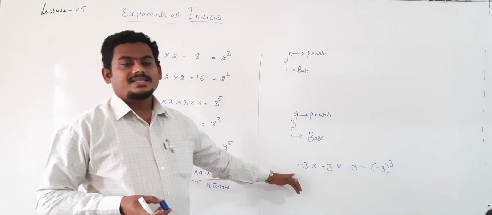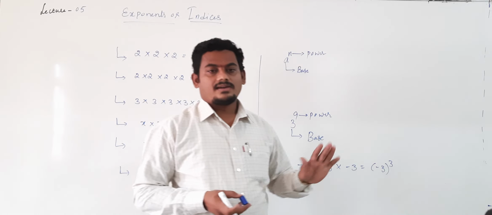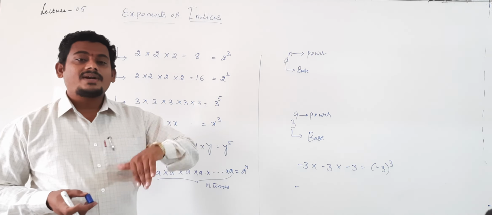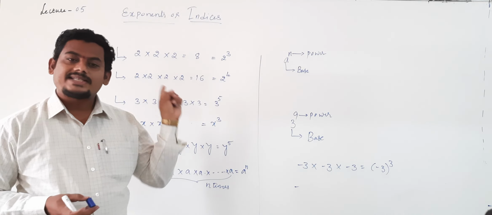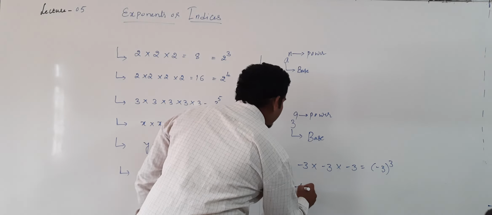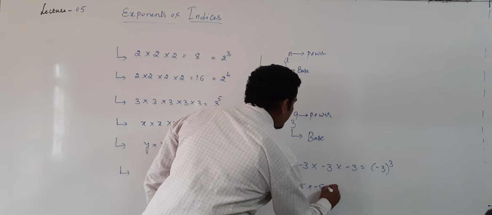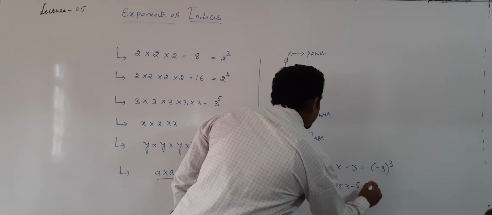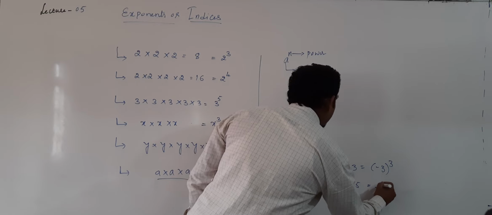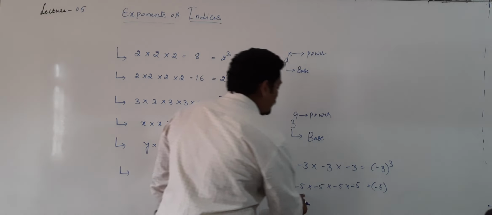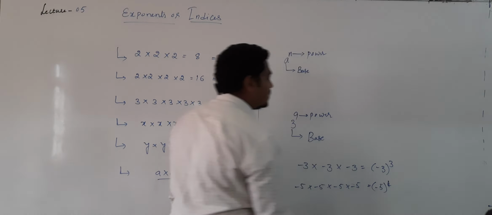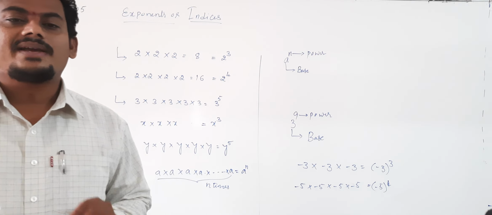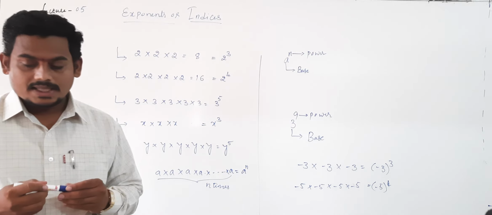Either minus 3, minus 3, minus 3, or minus 5, minus 5, same number. Minus 5 into minus 5 into minus 5 into minus 5 is equal to minus 5 power 4. Once again, the definition is the repeated multiplication of a number or variable is called exponents.